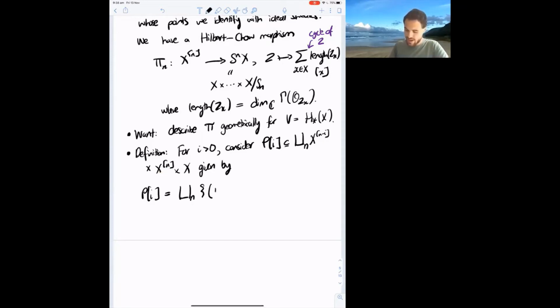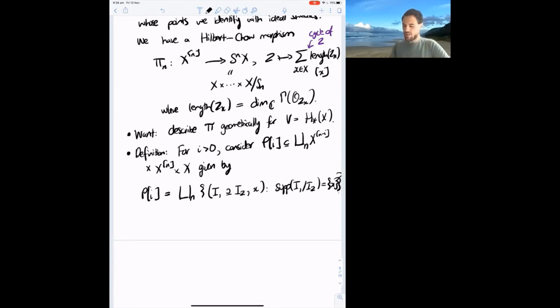That's going to end up being one ideal sheaf containing another, because the correspondence between points and ideal sheaves is inclusion reversing. So an ideal sheaf in here is going to be bigger than something in here, potentially. So we say that I1 contains I2, and then you have a third point which just lies in X, and we say that the support of the quotient is equal to X.